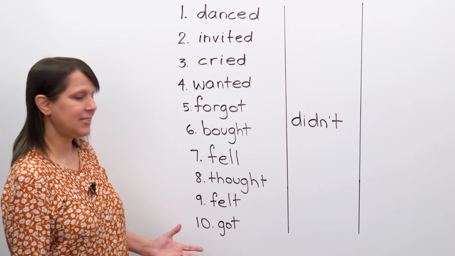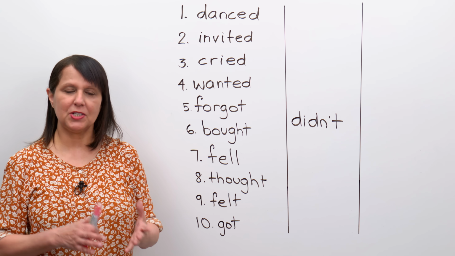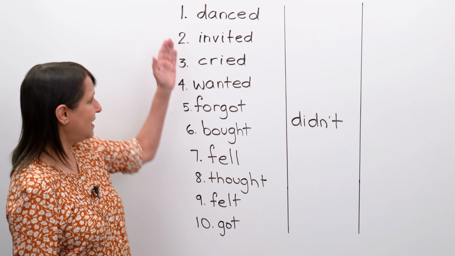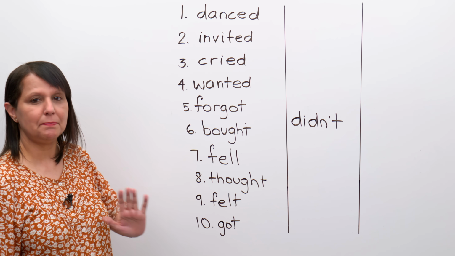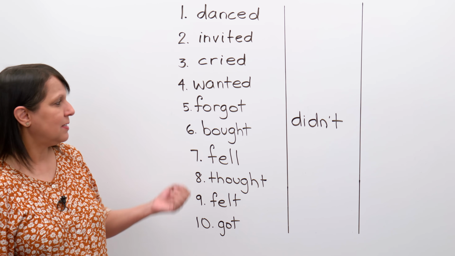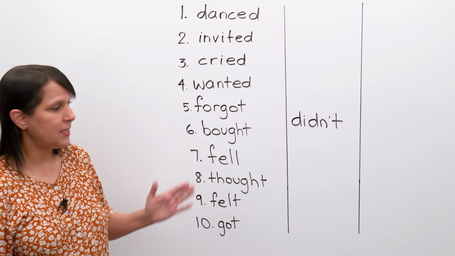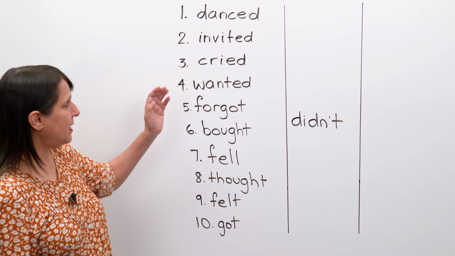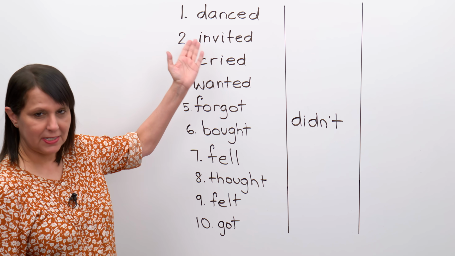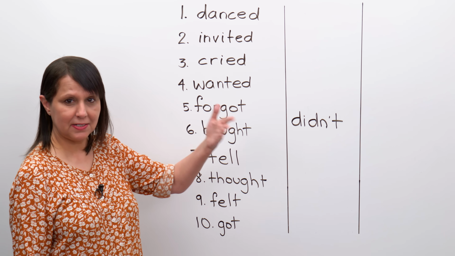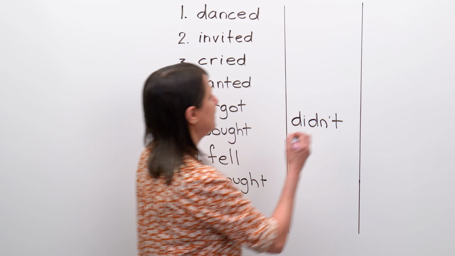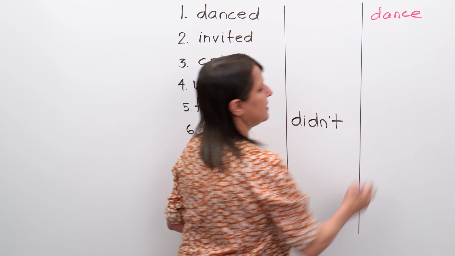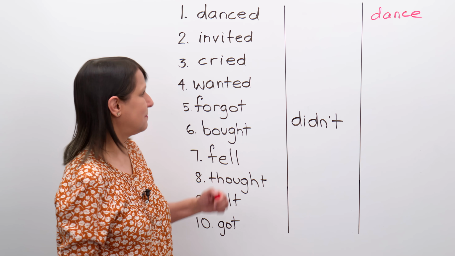Now we'll look at 10 different verbs, out of which some are regular verbs and some are irregular verbs. Here, I've written all of them in the past simple tense. What we are going to do together is to make them negative with didn't. All right? So, he danced, he didn't. Make it go back to the base form of the verb. Dance. Good.